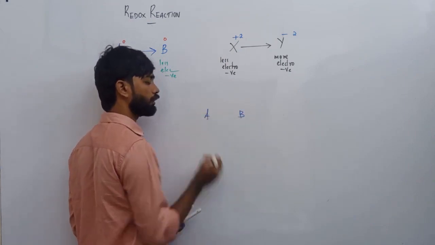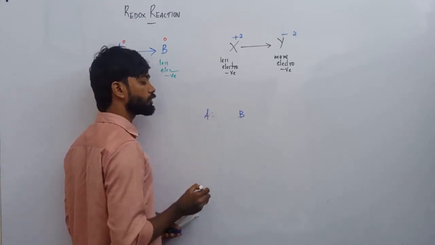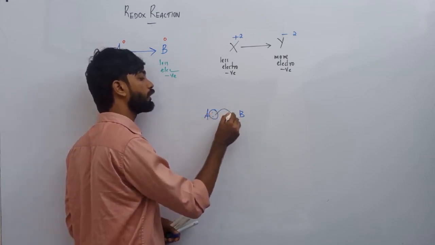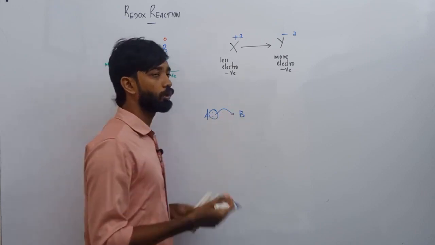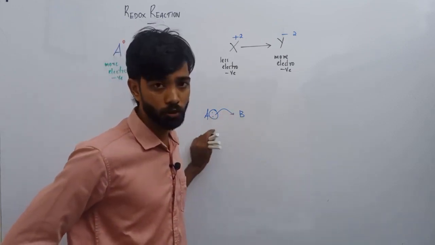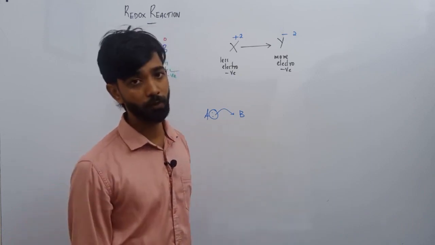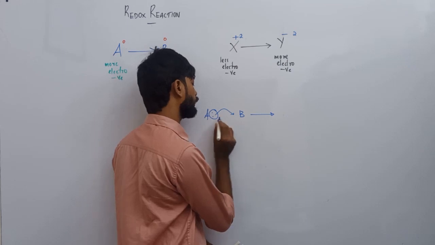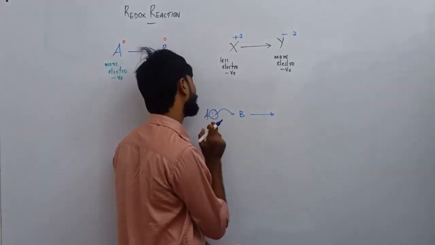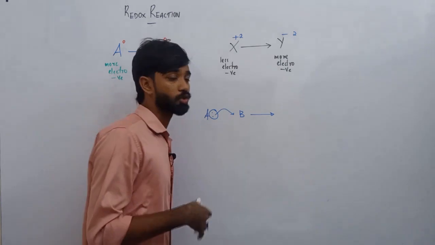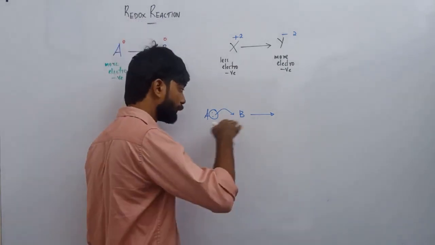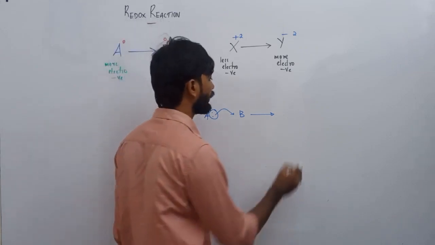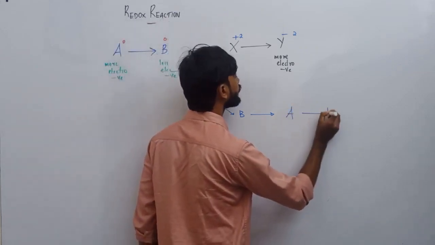You know what a coordinate bond is. A is an electron rich species and B is the electron deficient species. The two electrons from the donor A are ready to be shared between A and B to form a covalent-like bond, and that bond is said to be a coordinate bond.